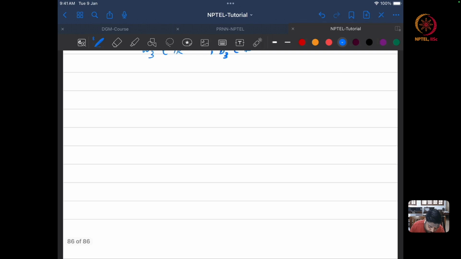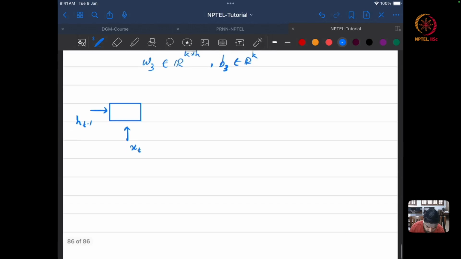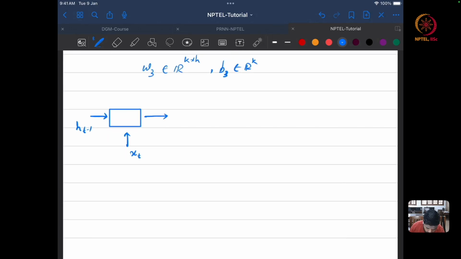The overall idea is that you have a cell, you get HT-1. This is your XT. You perform some operation, and the output will be HT, and then what you get is YT. This is what you get.